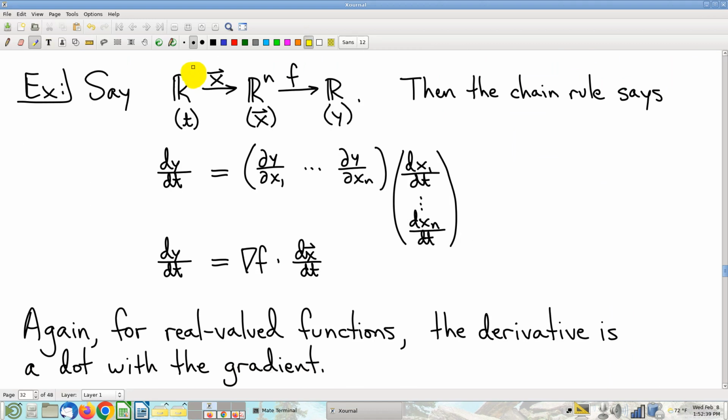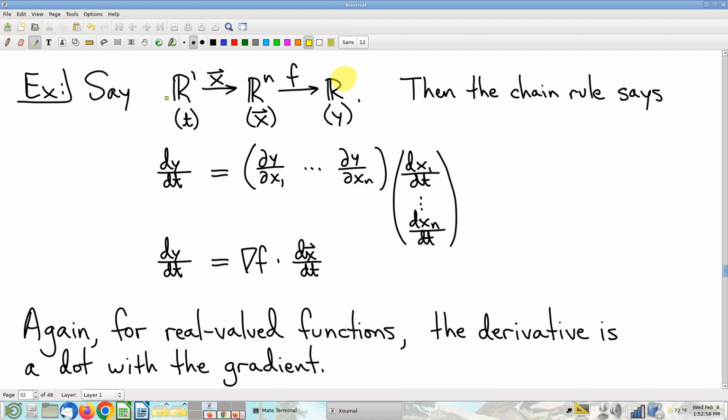Still looking at only one input variable in our original sort of domain of our first function in our composition. Now suppose further that there is also just a single output in our second function. Right? And how does that change things?